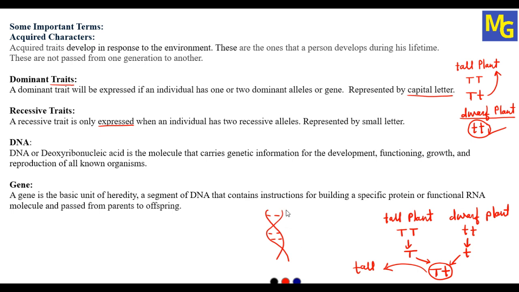A particular segment of this DNA is called a gene, and this particular segment of DNA has the instructions for building a specific protein or functional RNA molecule which is passed from parents to offspring. So genes are present in DNA, and DNA is the one which carries genetic information from parents to offspring. I hope you understood this, some of the basic terms which will help you to study this whole chapter in detail.